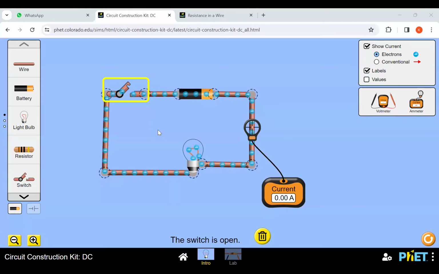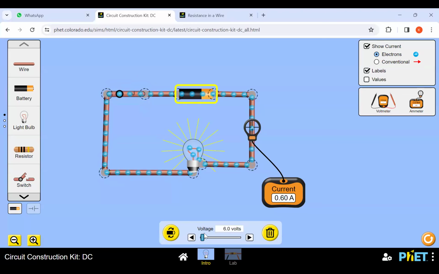You can take a look at the previous simulation I have again. So if I close the switch, okay, the battery is the voltage. So over here, the voltage is 6 volts, meaning every 1 coulomb of charge that passes through, I'm going to give it 6 joules of energy.